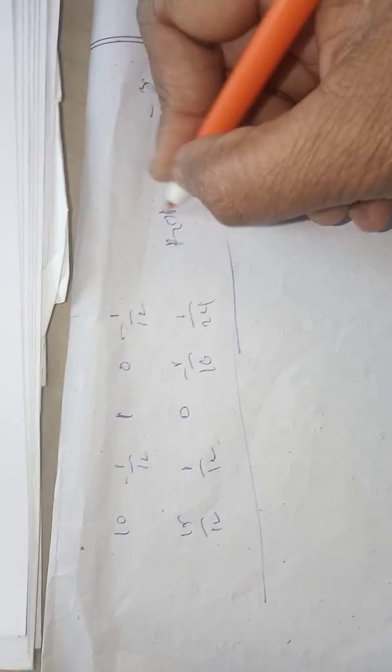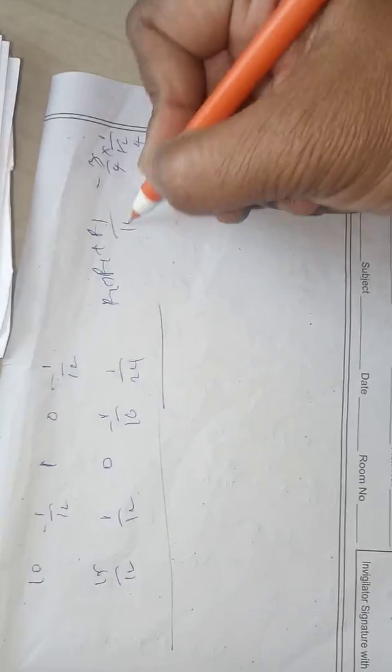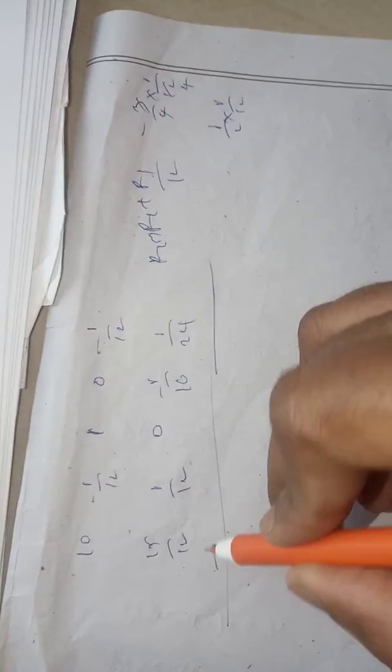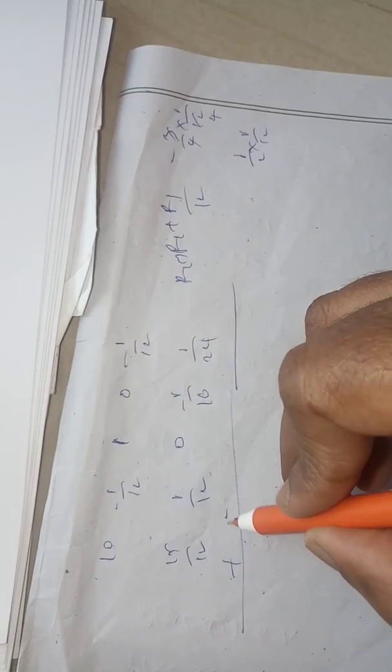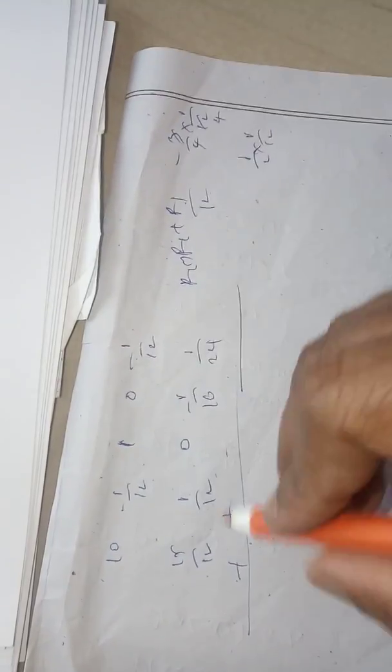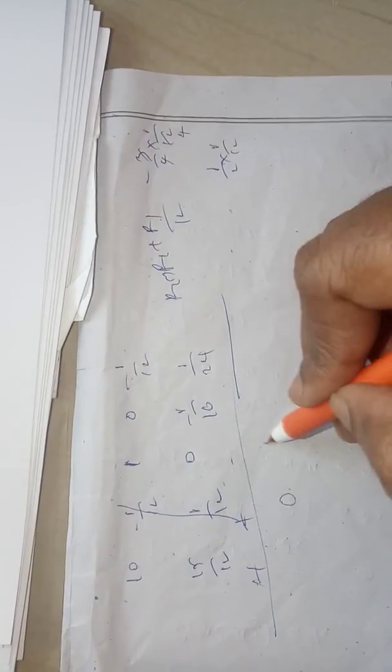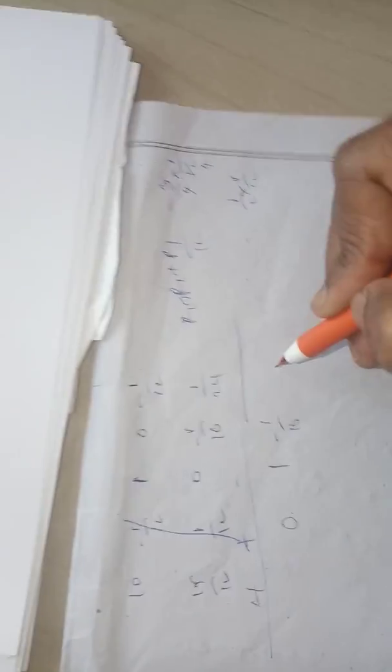So 1 by 2 into 1 by 12 is 1 by 24. Here the sign is minus, so that's why you have to take the row operation. R2 tends to R2 plus R1 by 12. So plus, minus, sorry, plus plus. So both get cancelled. 1 minus 1 by 16.